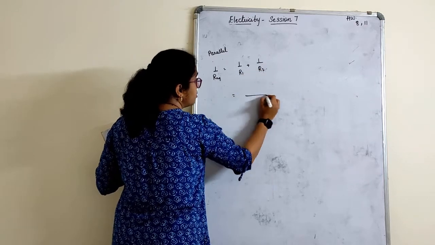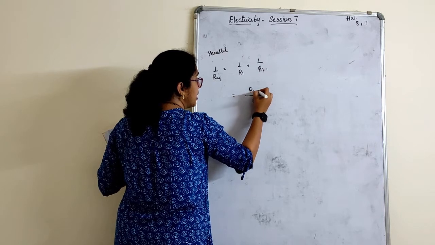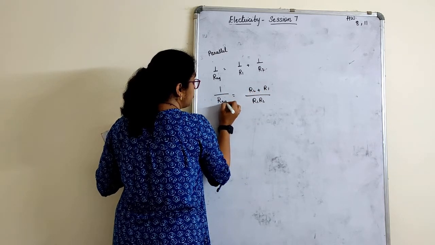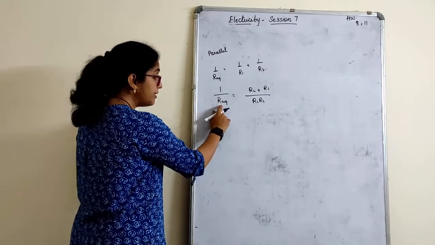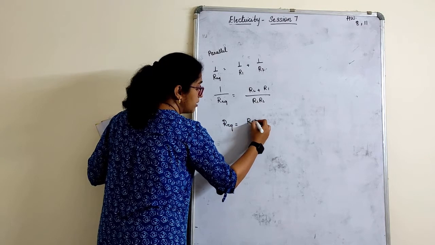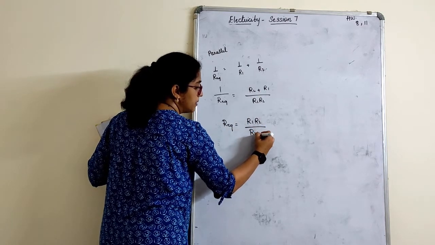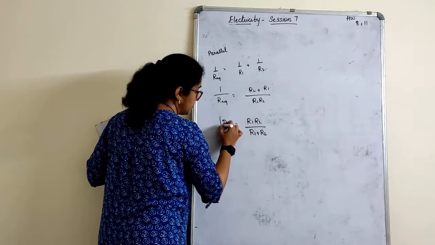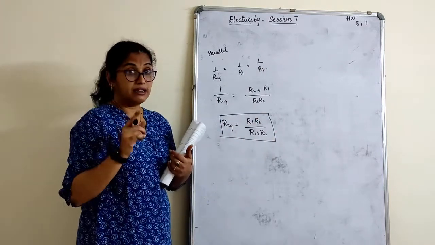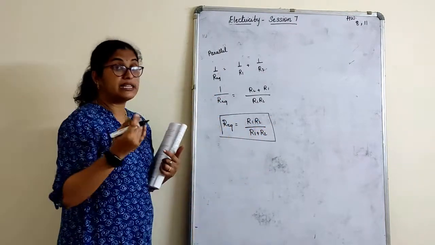So we take the LCM R1, R2. So this is R2 plus R1 over R1 R2. This is 1 by R equivalent, right? We want R equivalent, so we take the reciprocal: R1 into R2 divided by R1 plus R2. So R equivalent in parallel connection is given as the product of the resistances divided by the sum of the resistances.